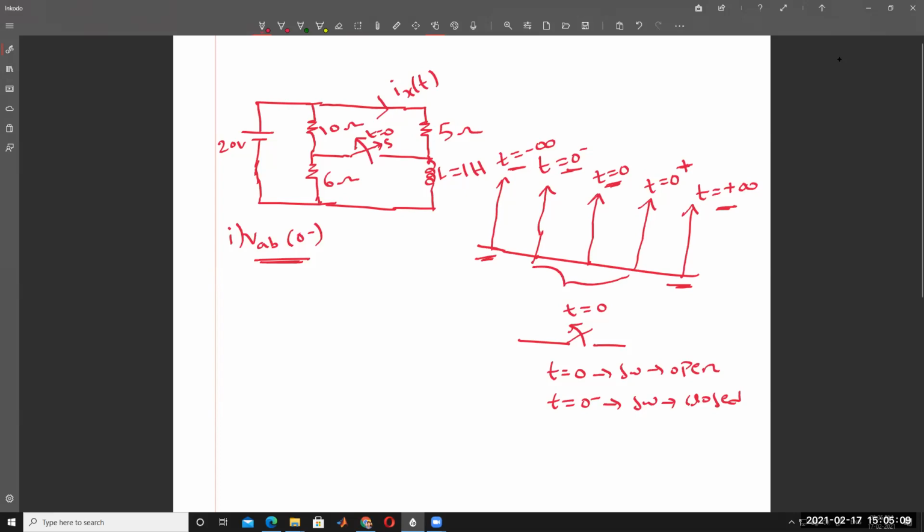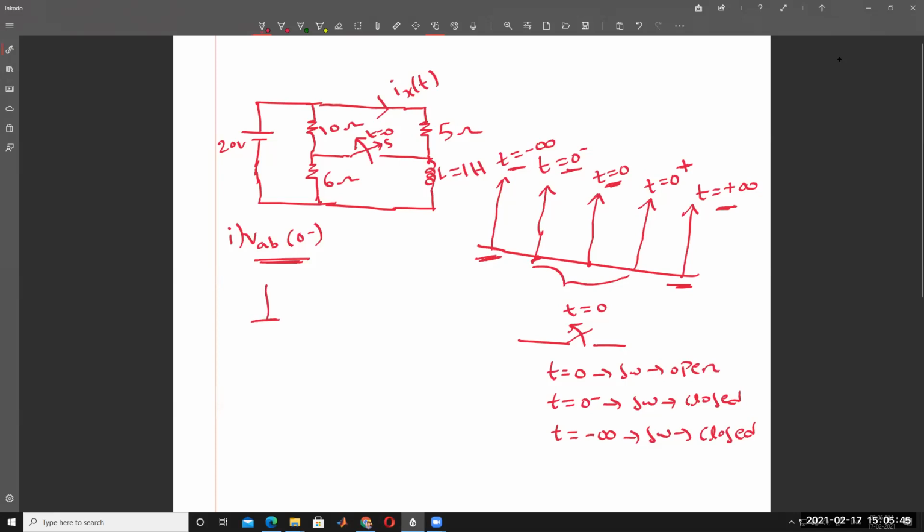Understood? So at t is equal to minus infinity, the switch is in closed position. Again here also, the switch is closed. That means in the steady state condition, the switch is closed. But at t is equal to 0, the switch is open. So under the steady state condition, what is the circuit diagram here?